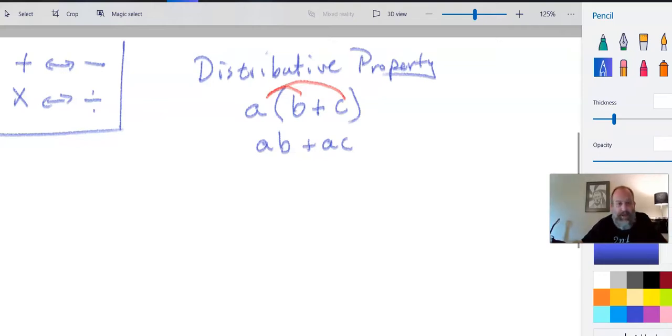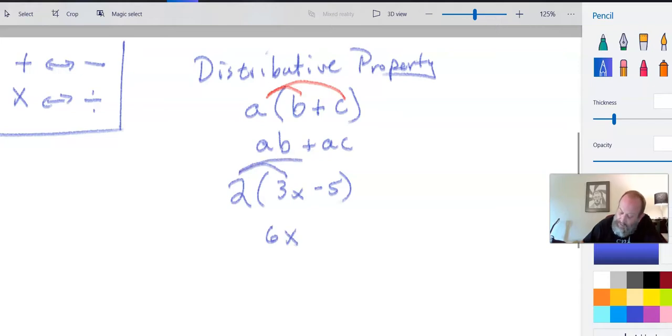So that's a property we're going to be using today. I imagine that a decent portion of you are already familiar with it, but I just wanted to go over what the property is one more time. Looking at an example of how this works, if I have something like 2 times (3x minus 5), I'm going to take this 2 and multiply it times the 3x to get 6x, and 2 times the negative 5 to give me a negative 10.